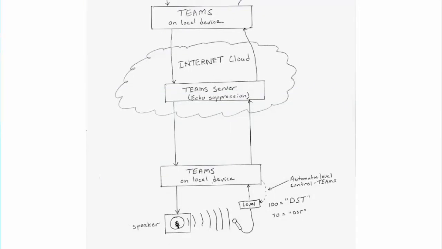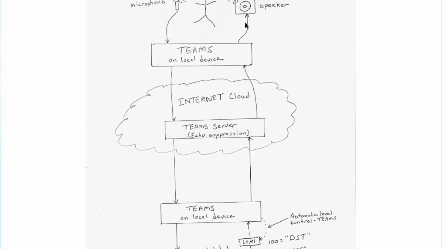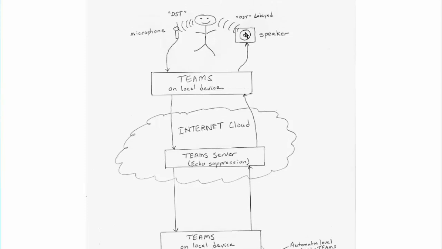Well, my external speaker has a nice clear path to my external microphone, and so when she says DST, my microphone picks it up, and DST starts going back up through the whole chain, and comes out her speaker. Now the trick is it's delayed and it's reduced. And so when she says DST, a slight time later, she will hear a more dim version of DST, which her brain says is an echo.